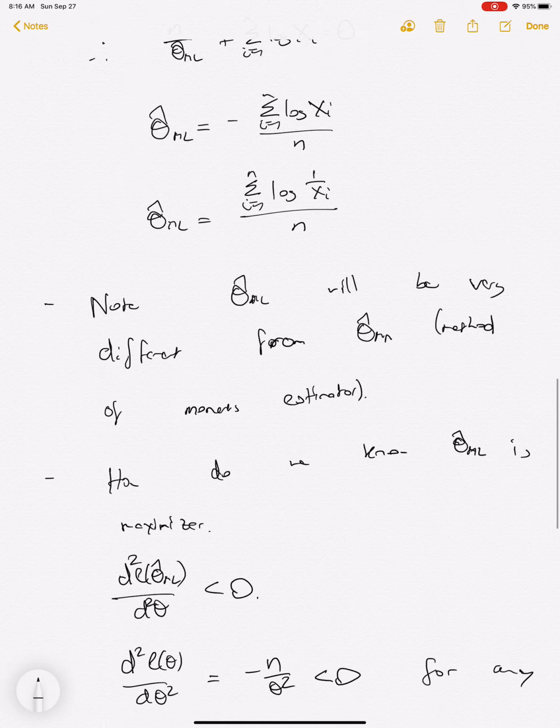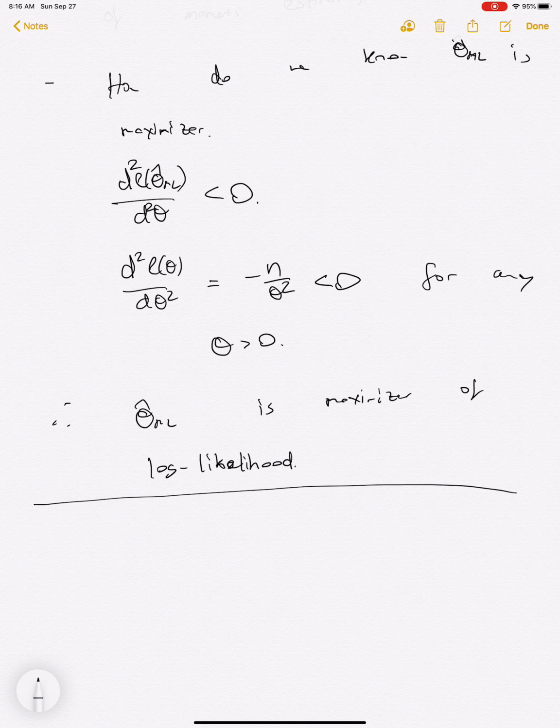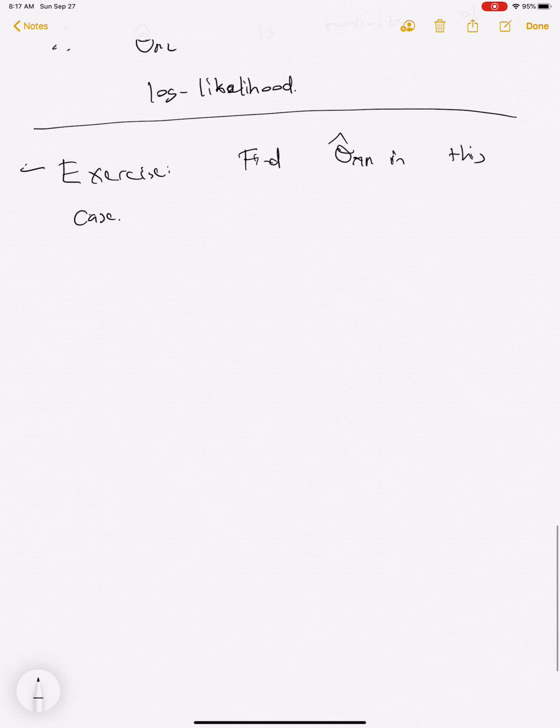And so I think it's a useful exercise to find theta hat MM in this case. This is a good exercise for you to see how the method of moments procedure works.